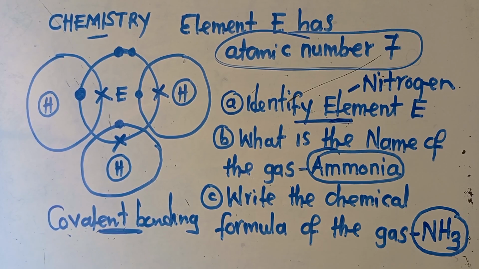Whenever we are talking about a compound, this is a chemical combination of two or more substances. The difference between a compound and a mixture is that in a mixture, no new compound is formed. But for a compound, new materials are formed.